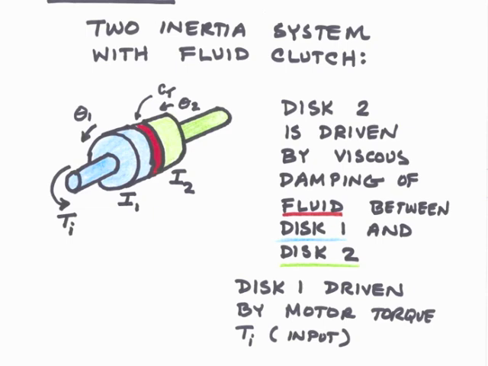We then have fluid between I1 and I2, and this fluid acts like a damping. Inertia I2 rotates with angular displacement theta 2. The damping exerts a torque on both I1 and I2, and this torque is dependent upon the relative velocity between I1 and I2.